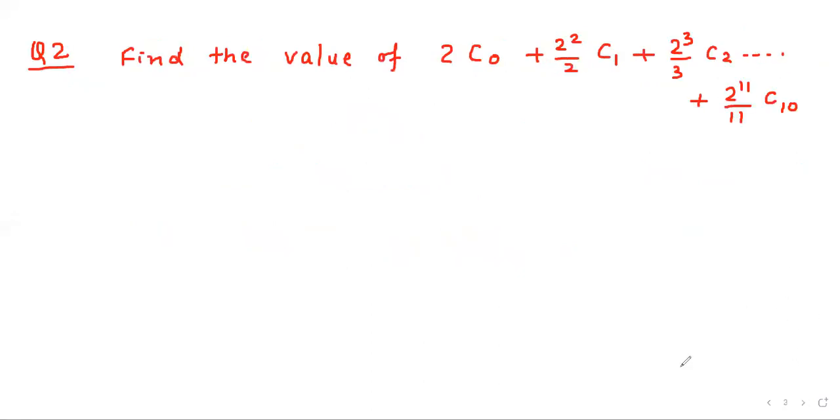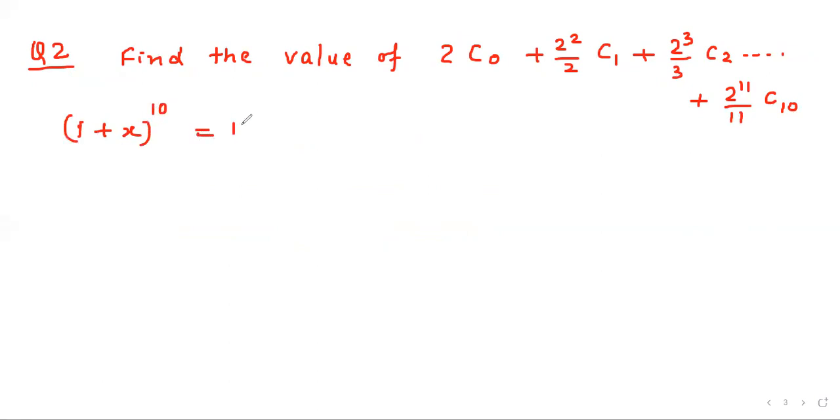Now let's consider next question. Find the value of 2C0 plus 2 squared by 2C1 plus 2 cubed by 3C2 plus till 2 power 11 by 11 C10. Here, this question can be solved by two methods. We are going to apply the integration method. So let's consider the function (1 plus x) power 10 and we expand it.